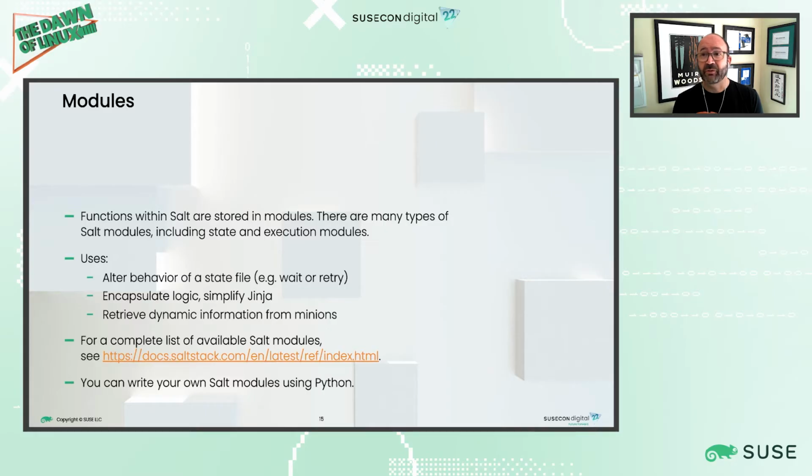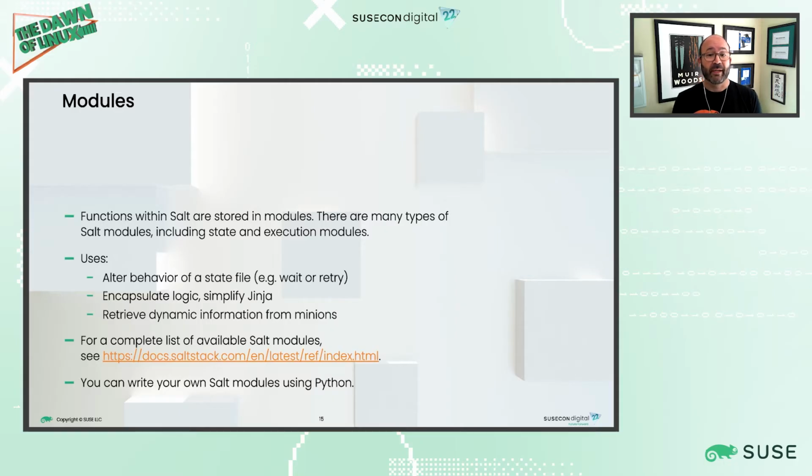There are many different modules included with Salt. There are state modules and execution modules. So, for example, a state module might change the state of a system to make it look how you want it to look. And then an execution module would run a particular command. Modules can be used to alter the behavior of a state file, to encapsulate logic using Jinja, or to retrieve information from the minions.